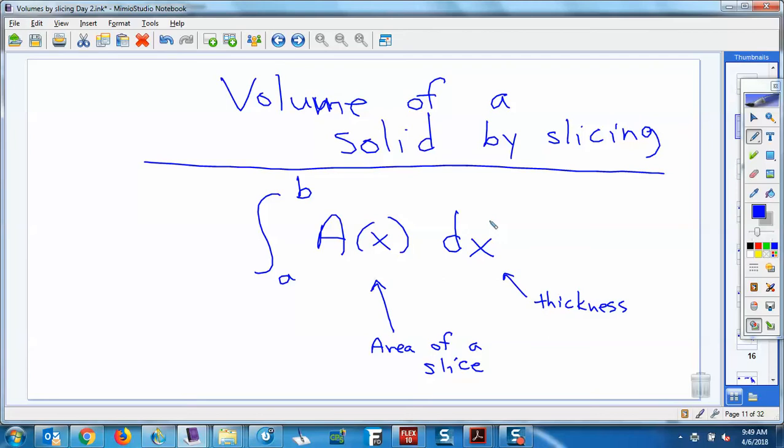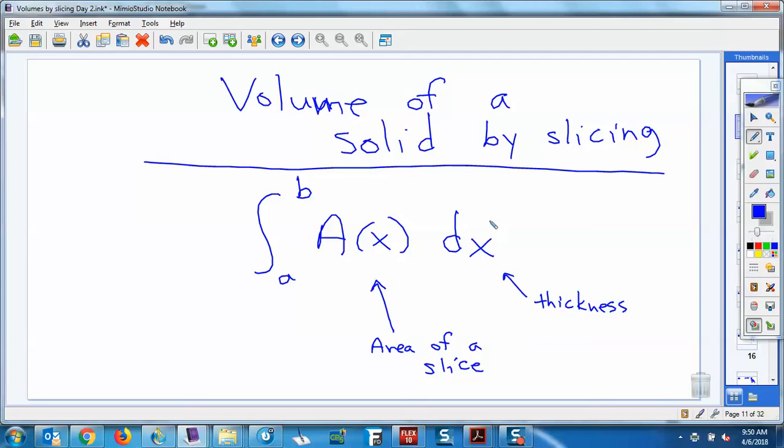And then we said, but we can do 100 slices, 1,000,000 slices, and infinite slices, and we could get the volume by adding up those slices. Now, how do you get the volume of a slice? Well, you take the area of the slice times the thickness of the slice, but the thickness goes down to nothing. That's the dx. And that's why that gives you volume. So the area of the slice times the thickness of the slice, and then the integral adds up all the slices, and that gives you the volume of the solid.